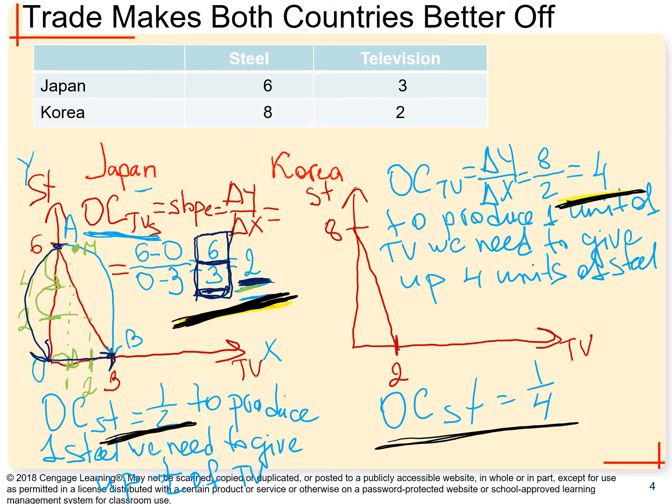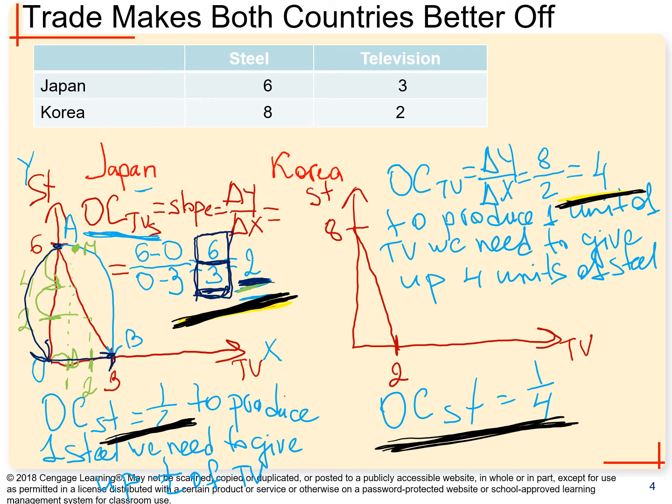And then we're going to compare opportunity cost of steel in Japan and opportunity cost of steel in Korea. We see that opportunity cost of steel in Korea is lower. So it means that Korea figured out how to produce steel in a better way. So they can produce the steel using less TVs.